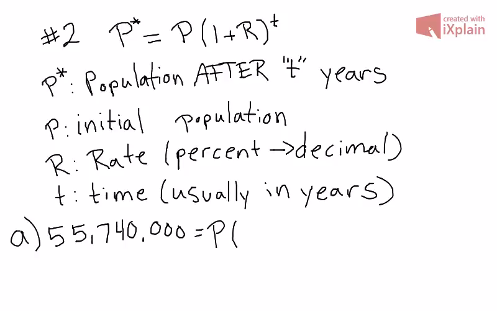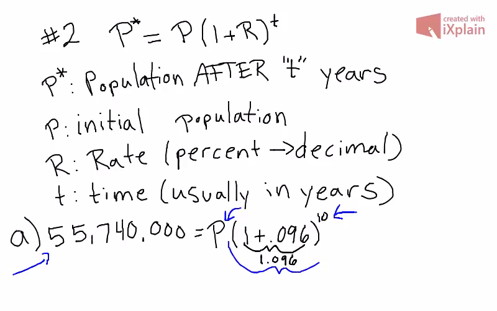So what we can do is we plug in the population after t years, which is 55,000, whatever. And remember, that was after 10 years, right? So that's why we plug in 10 up there. And so now we're trying to solve for our initial population here, because that's what it says.